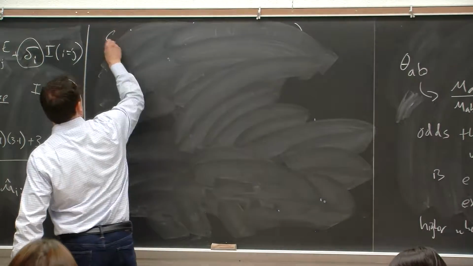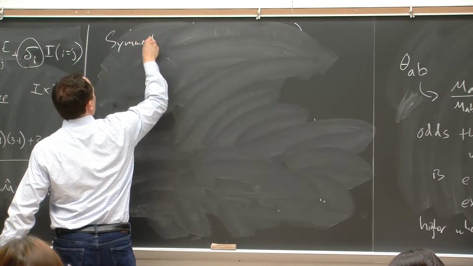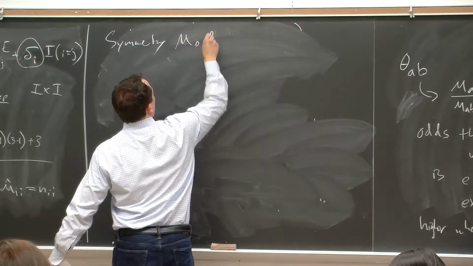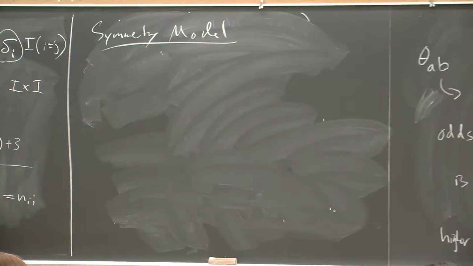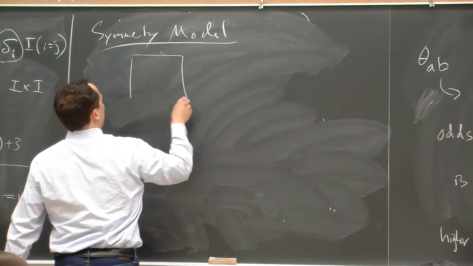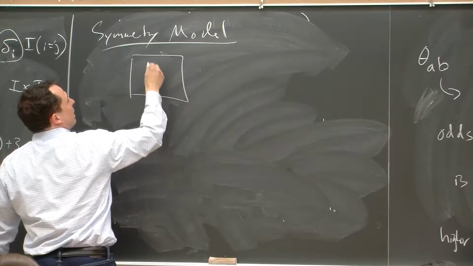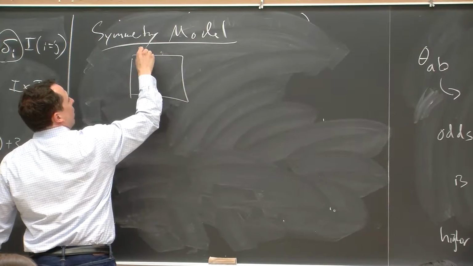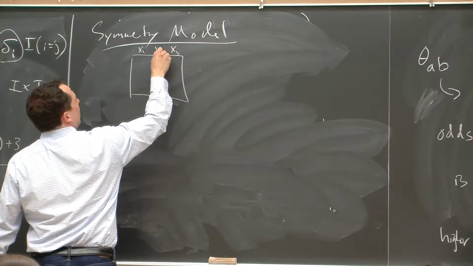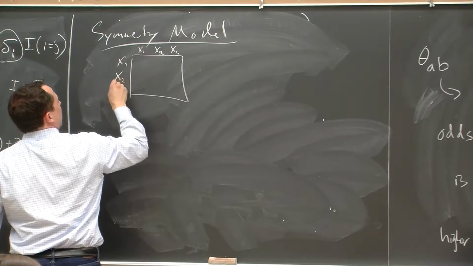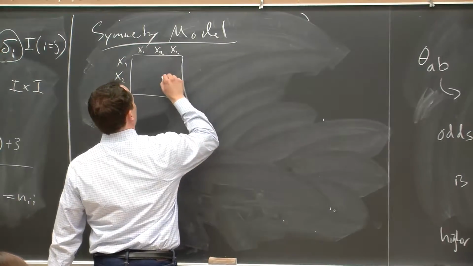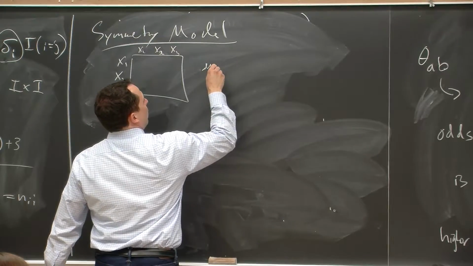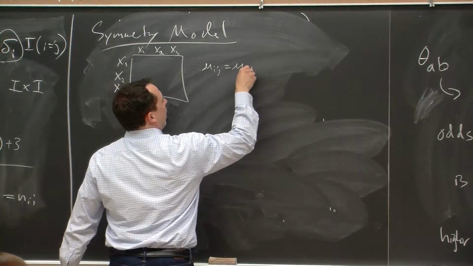Okay, so here's another model, which is very restrictive. The symmetry model. We have some kind of table which has the potential to be symmetric. It's like I have outcomes x1, x2, x3 along both the rows and columns. And this model is saying that mu ij equals mu ji.